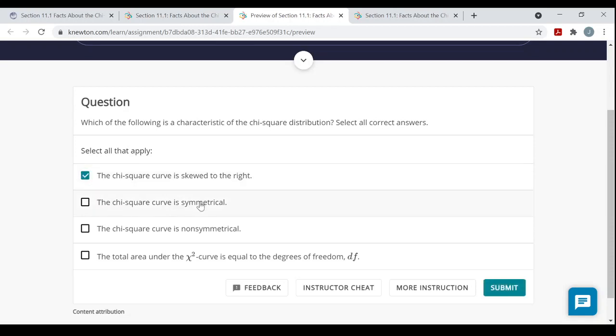Symmetrical? No, it will not be symmetrical. So non-symmetrical, yes. And the total area under the chi-squared curves is equal to the degrees of freedom? No. Remember, total area under any probability density curve will be 1. So these are the only two that are correct, from what I was reading to you a second ago.